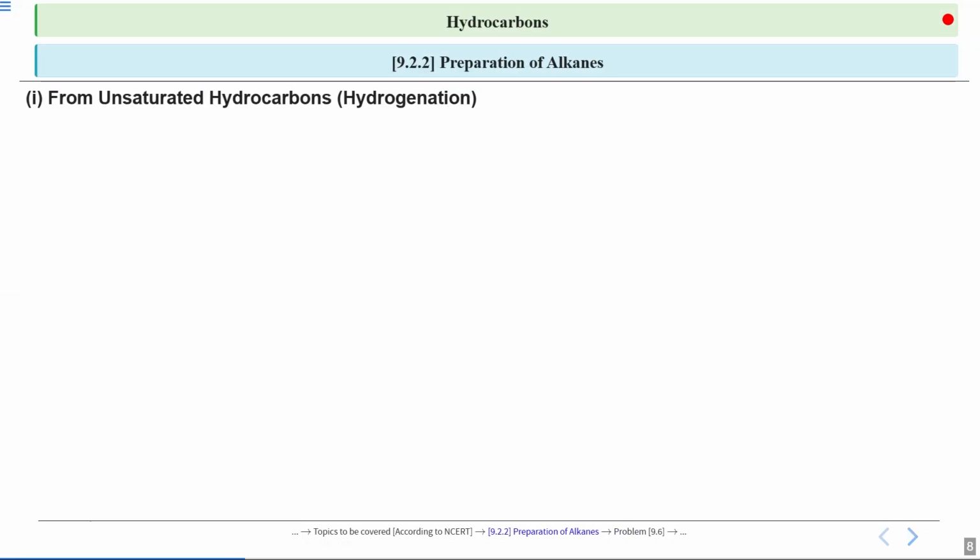Continuing with the preparation of alkanes from unsaturated hydrocarbons, let us now begin by understanding the mechanism of hydrogenation. Metals like platinum, palladium and nickel play a crucial role here. They absorb hydrogen gas on their surface, which weakens the hydrogen bond. This is an essential step because it prepares the hydrogen for the next stage of the reaction.